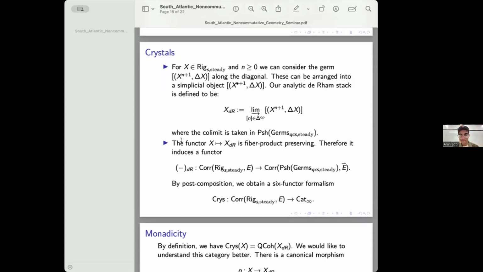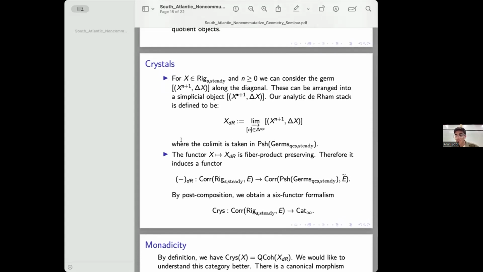Just to be fastidious, the delta should also have some index, right? Because it varies with the n. Yeah, so the delta should be like the embedding of the diagonal X^(n+1) into X^(n+1) times X^(n+1).